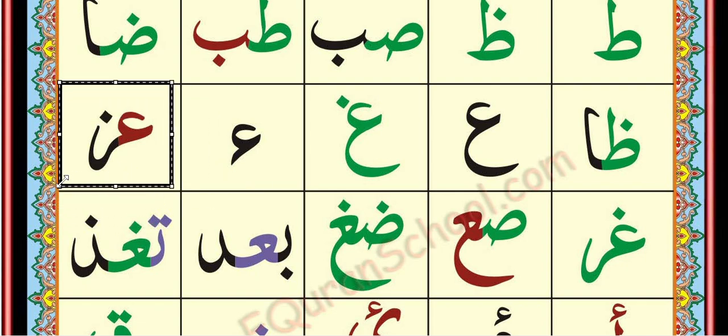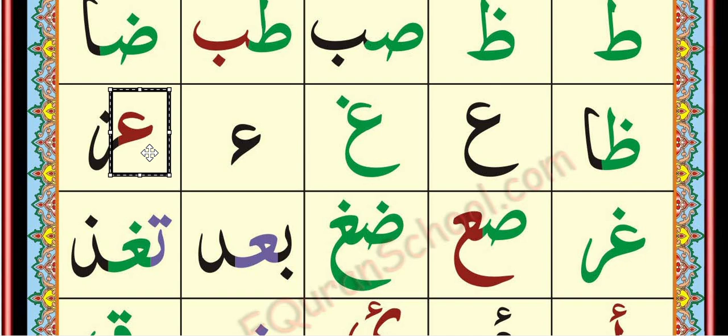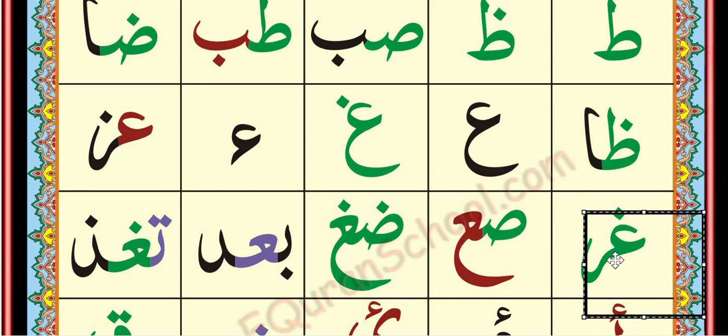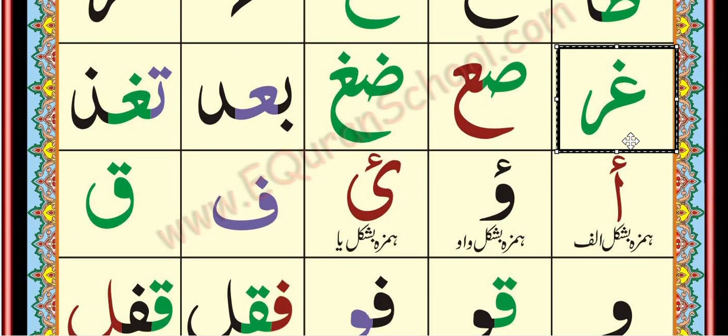Now look, the shape is one, this is small and this is not small. There is too much difference, you can clarify the difference between Ain and Hamza. Next is Ain Za, Ain Za, and the next is Ghain Ra, Ghain Ra.